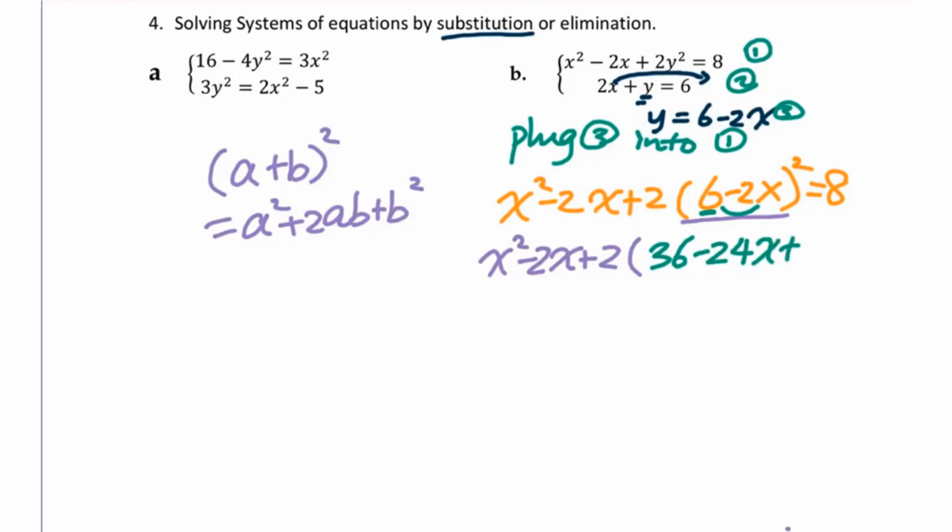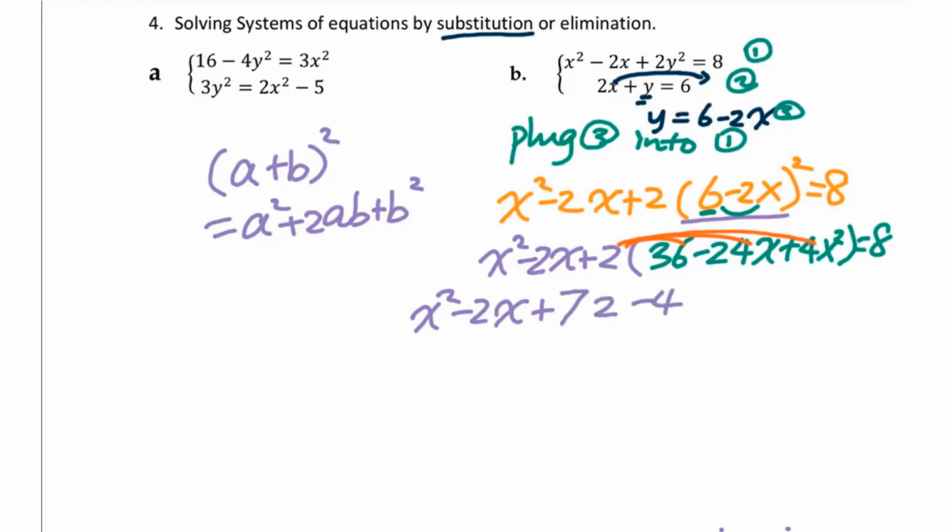Negative 2 squared will be 4x squared, that equals 8. You have to do the distributive property now. So we get x squared minus 2x plus 72 minus 48x plus 8x squared equals 8.